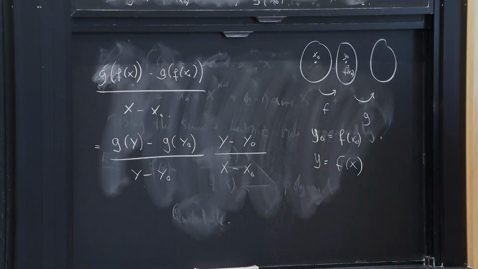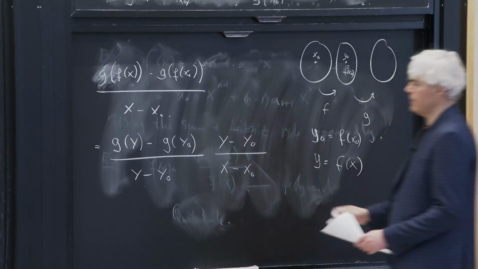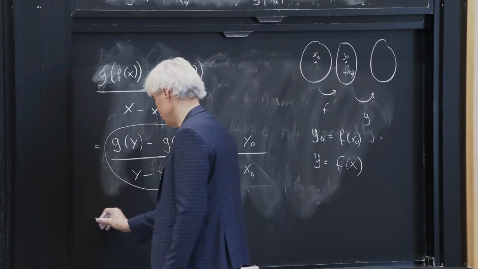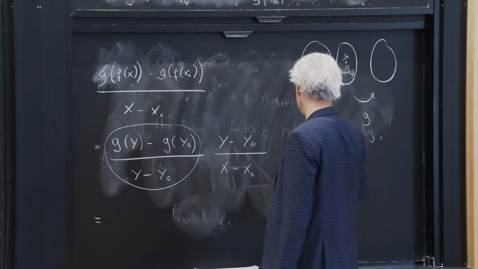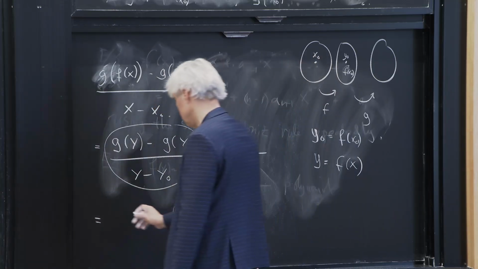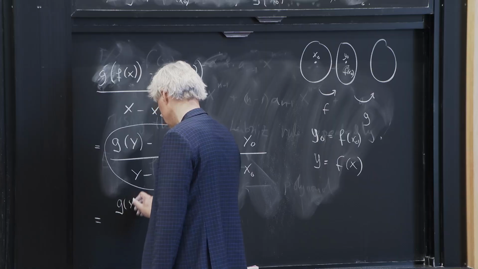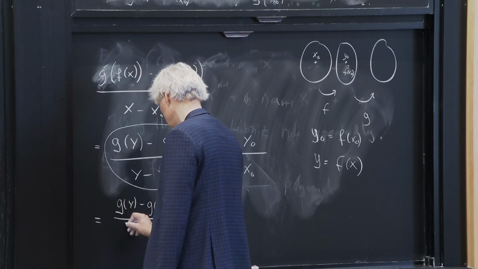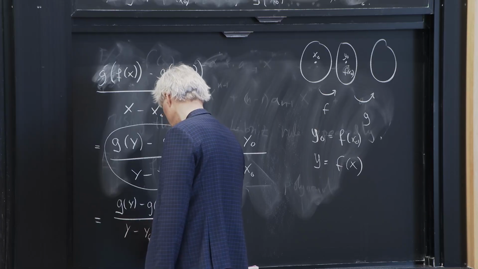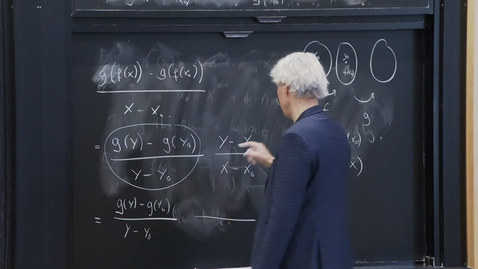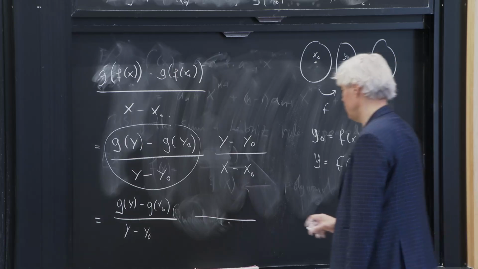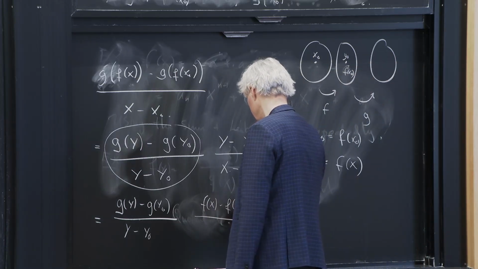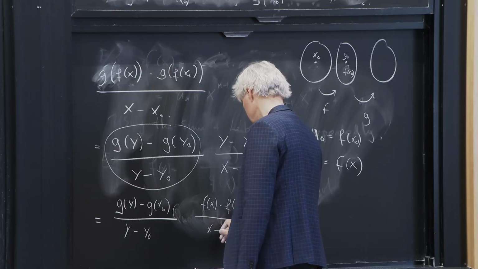So I can write it like this. This here I'm happy with. We'll get to this in just a second. The other one, I really want to put back in terms of f. So if I do that, I write it as f of x minus f of x0, over x minus x0.